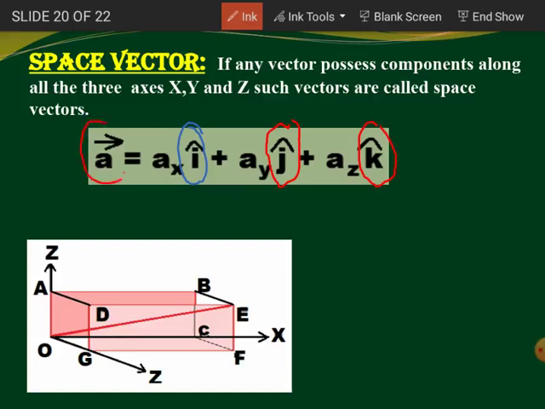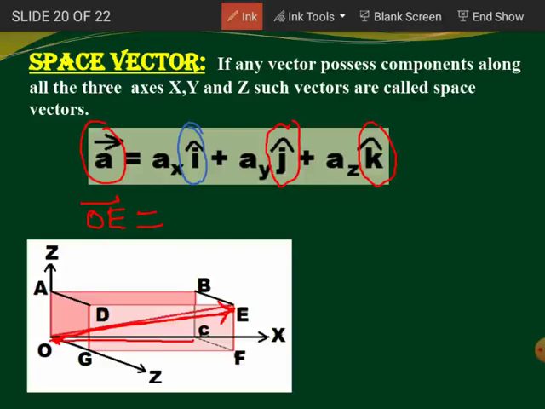Suppose your A vector is represented by OE, that means this vector OE is your A vector, for example. Then this OE, as it is along this in the space, will have its component along the x-axis, another along the y-axis, and another along the z-axis.